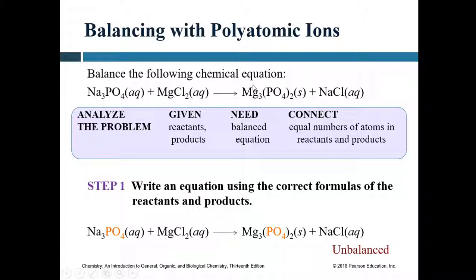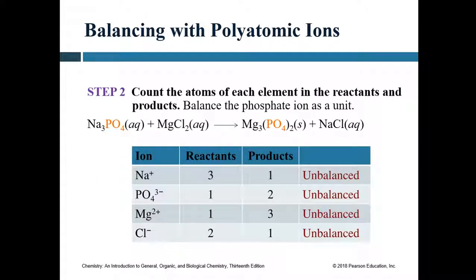We have our Mg3 and in parentheses our phosphate PO4, and NaCl. It makes life much easier if, recognizing the polyatomic ion that you memorized back in a previous chapter, oh, that's our phosphate ion, you balance it as its own entity. Count it as its own entity. So let me show you what I mean.